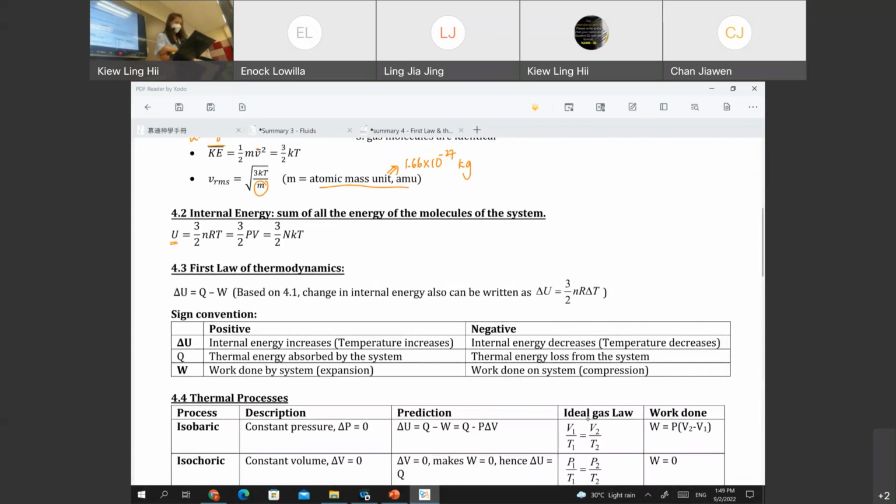And if it is an ideal gas, nRT also equals PV, and it also equals NkT. The first law of thermodynamics says that the change in internal energy, this delta means change, equals Q minus W. So what is Q? Q is thermal energy or heat. W is work done.